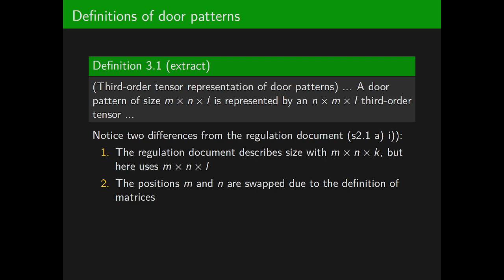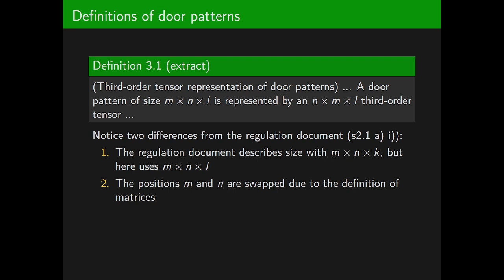But if you refer back to definition 2.1 of matrices, you would see it's swapped: with m columns and n rows, we call the matrix n by m. So for the third order tensor, it will naturally be n by m by l.